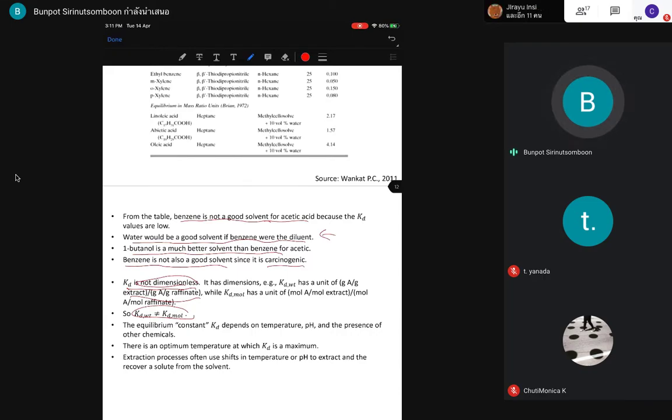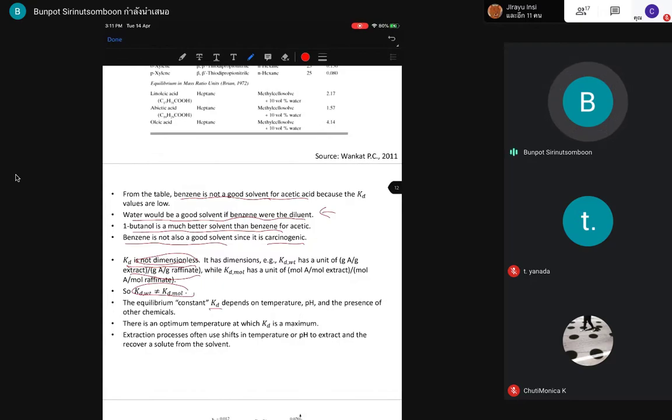And again, KD is not exactly a constant. It also depends on temperature, pH, and the presence of other chemicals. So keep this in mind.